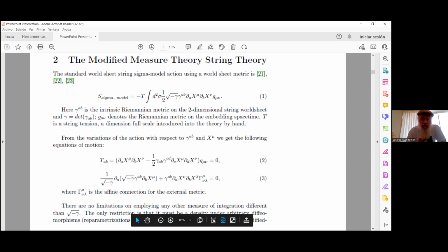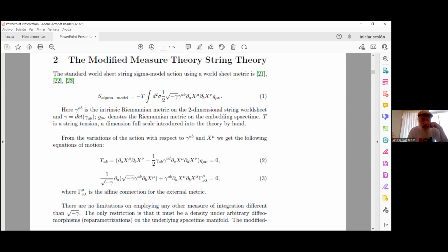So what are we going to do? We are going to modify the string theory. The string theory is in the conventional formulation. We write the square root of minus gamma gamma^{ab} ∂_a x^μ ∂_b x^ν g_μν, and this x^μ is the embedding coordinates. Gamma_ab is the intrinsic Riemannian metric on the 2-dimensional worldsheet.